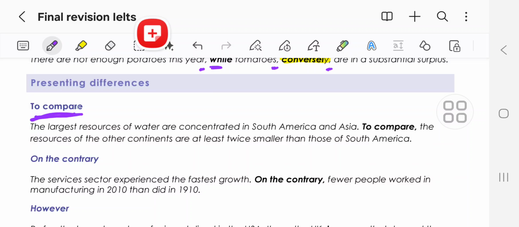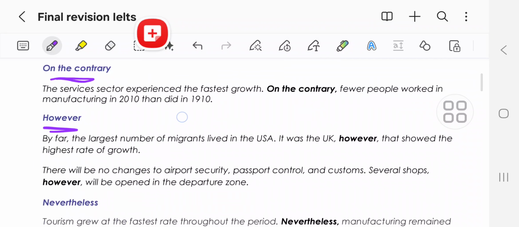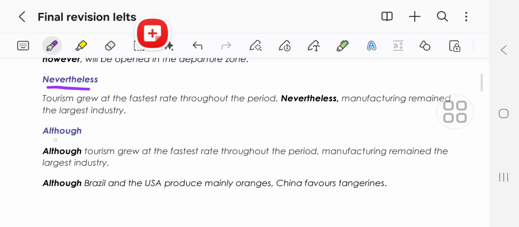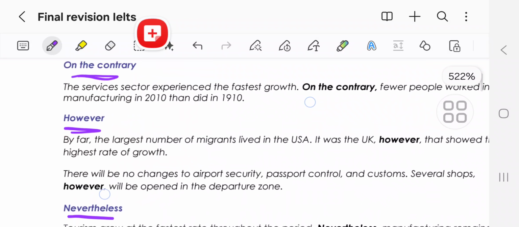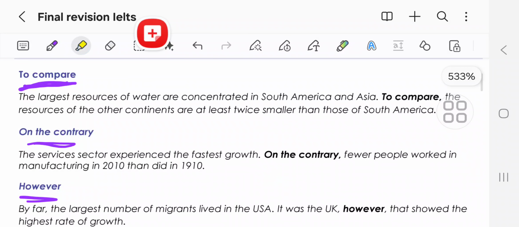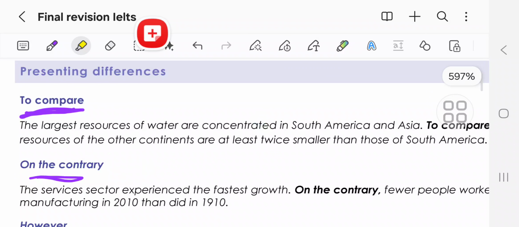To compare, on the contrary, however, nevertheless, and although: these are some words which we have to use, and without these, forget about any band. So you have to use these words when presenting differences. To compare, the largest water resources are concentrated in South America and Asia.